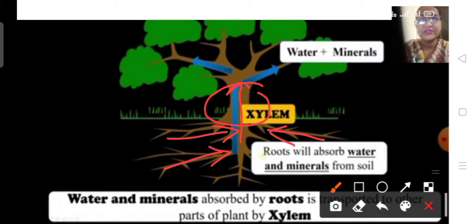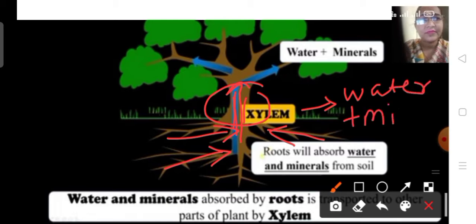Here, this is xylem. There are many such tubes in the stem. We call these special tubes xylem, and xylem carries water plus minerals from the soil to the different parts of the plant.